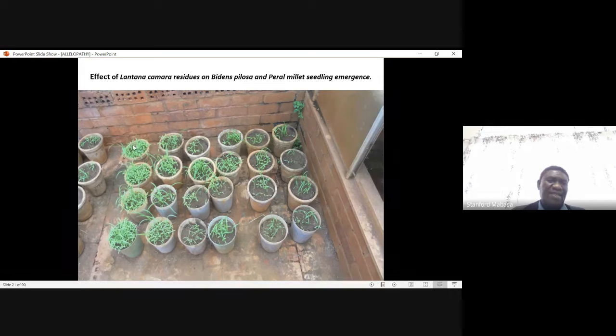But here, this is the control, where we have Bidens pilosa and pearl millet in these pots, and the concentration is increasing in this direction.